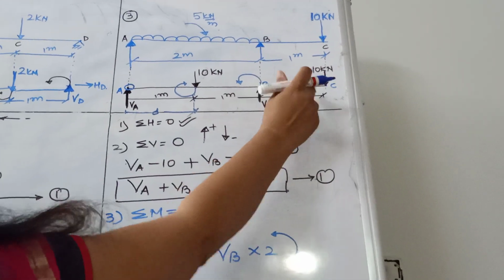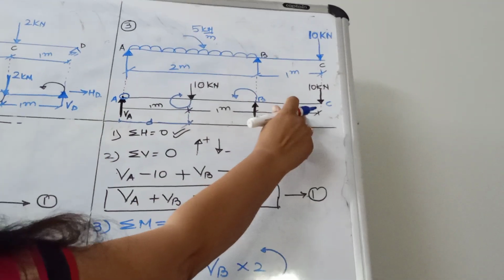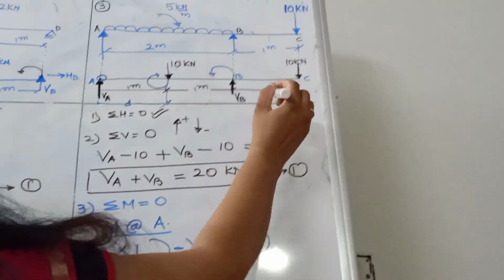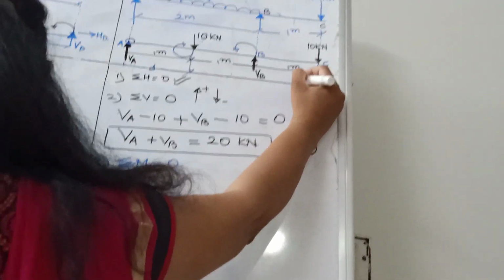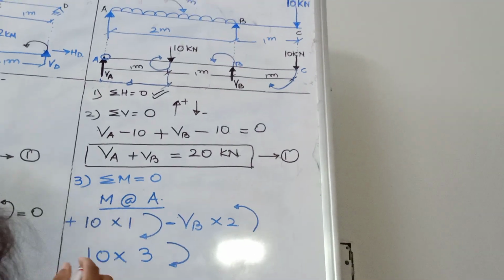And the last is 10. What is the distance up to point A? 1, 2, 3. So into 3. How is it rotating? Clockwise.